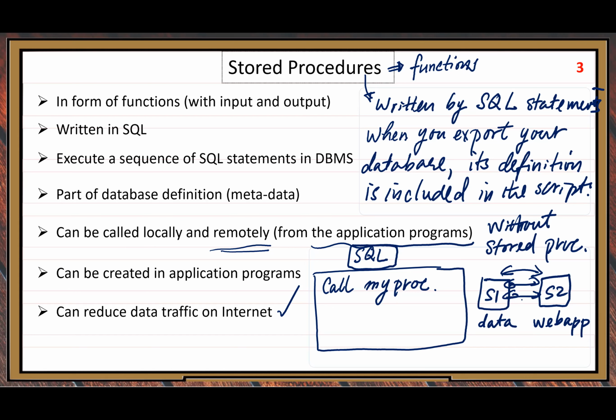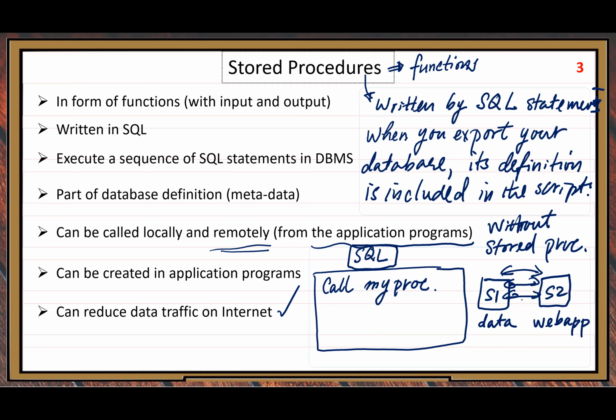Suppose you have a business task and you need to execute 10 queries for one particular business task. Your web server sends a request for the first query to the remote database server. It returns the query result. You get it, then you do some manipulation.